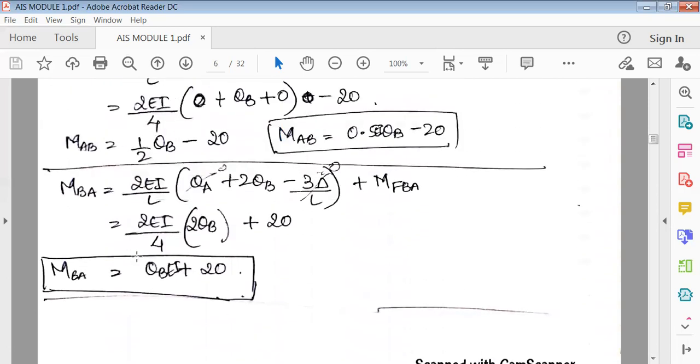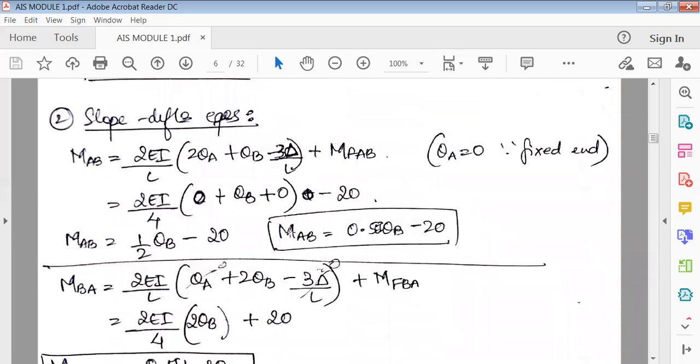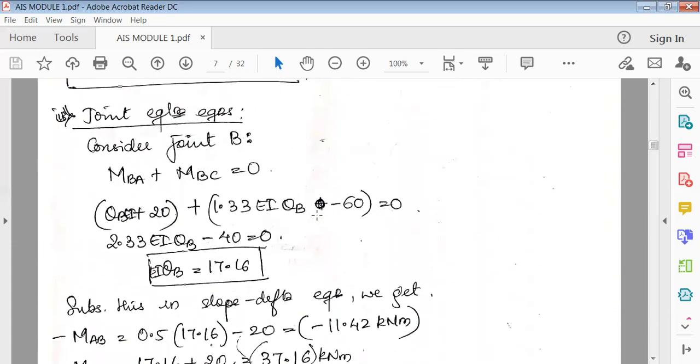First is MA, it has EI theta B in it. So we'll substitute EI theta B with 17.16 and find the moment. This is the moment about AB. First equation, MAB is 0.5 EI theta B minus 20. So I'll substitute here.